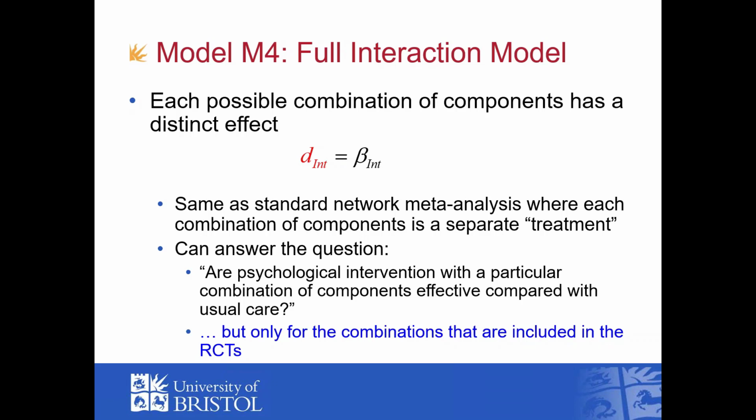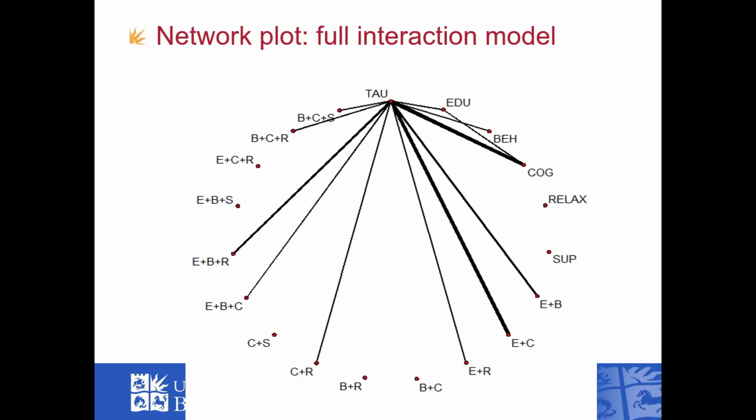Which is a nice question to be able to answer, but it's only possible to answer this for the combinations that have been included in the RCTs. So for the depression example, that would only have 10 out of the 32 potential combinations that we could get estimates for. So the generalizability of the findings is less good. And this is just showing that graph that Debbie showed earlier, just showing you just how many of these we wouldn't be able to get estimates for.